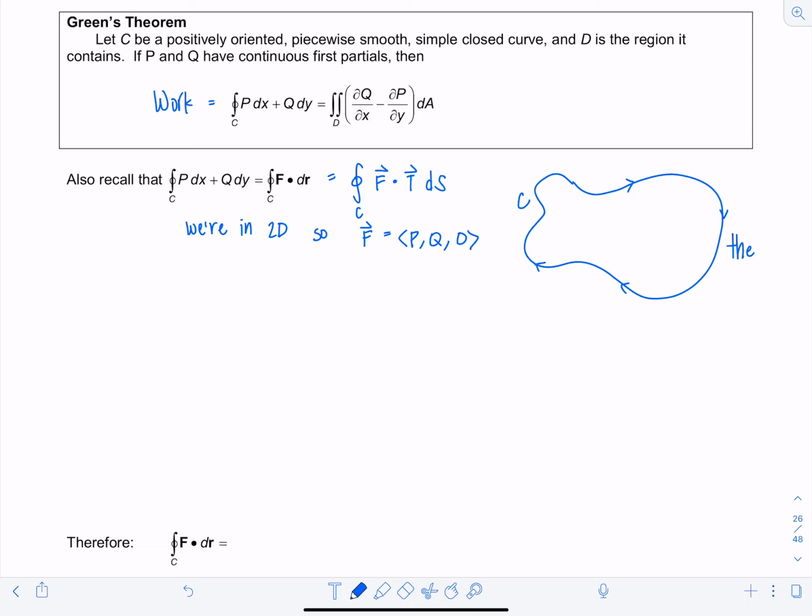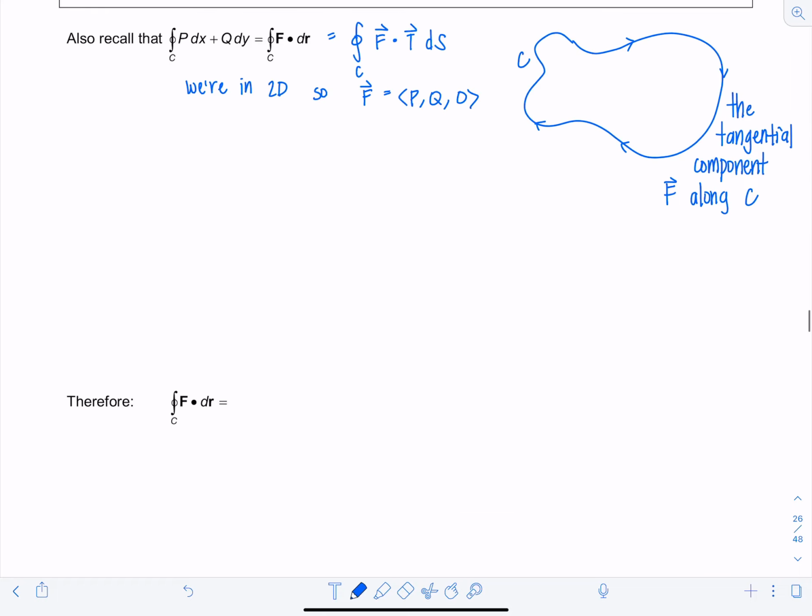But we wanted to sum up the work, the tangential component of F along C, which is why we found the vector projection of F along our unit tangent T.